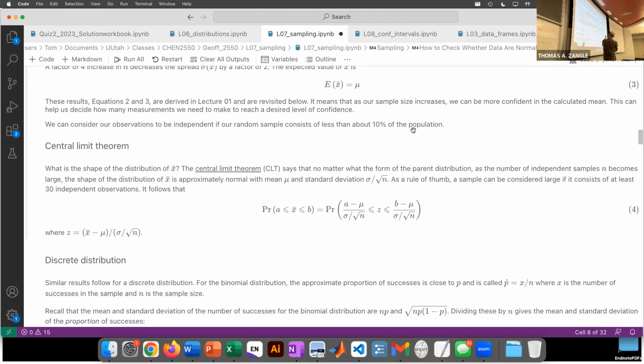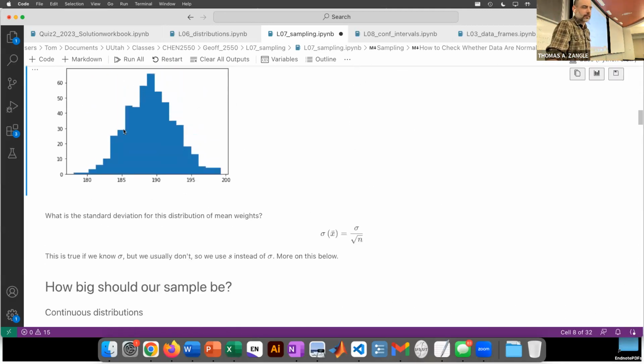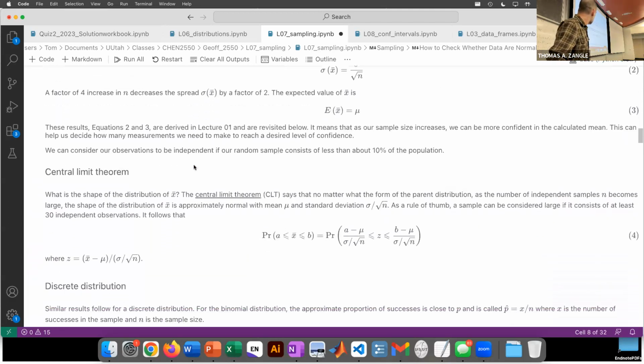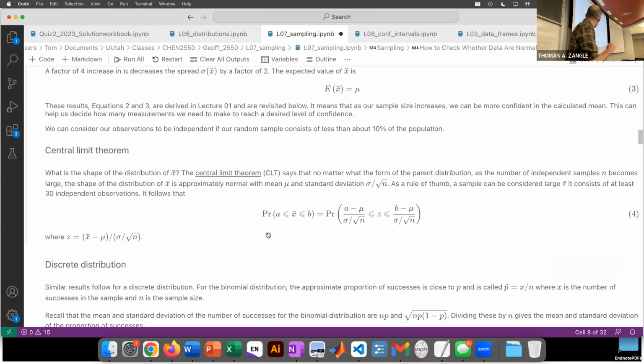The question here is, what is the shape of this distribution of the sample means that we're going to see? If we're doing many experiments where we sample a certain number of people, what shape do we expect for this distribution? We can start to get at this through something called the central limit theorem, and we're going to look at some consequences of this below.